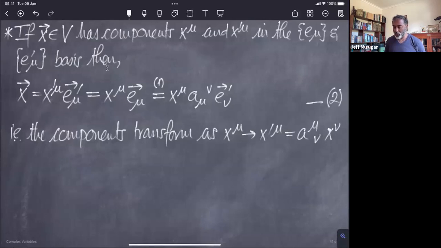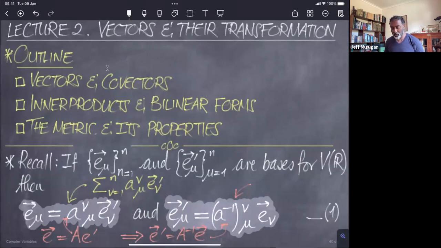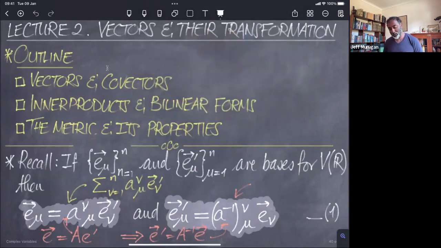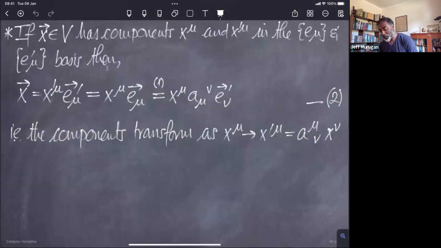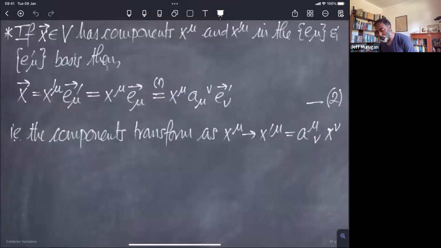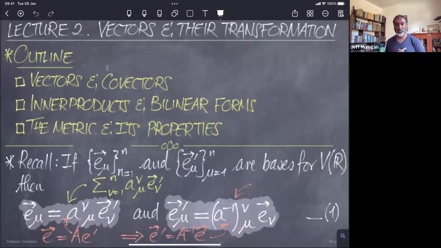So notice the following. See how the basis transforms? So the basis transformed like this. The non-primed version written in terms of the primed version involved A. The primed version written in terms of the non-primed version involved A inverse. But if I go to what we just derived here, the primed version is related to the non-primed version by A and not A inverse.